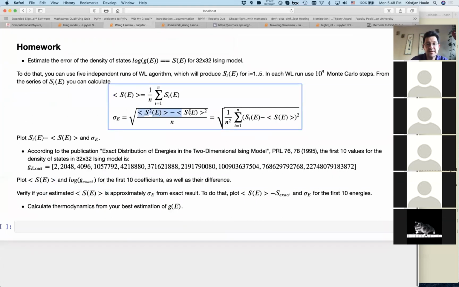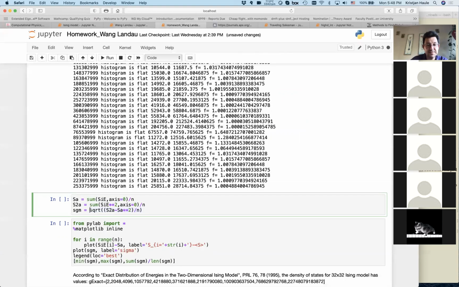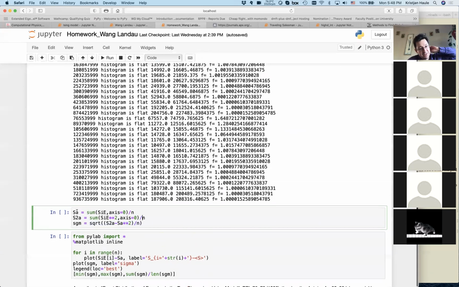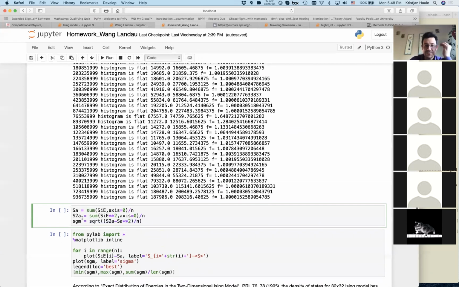So s square of e minus s average square of e divided by n. Okay, so this is the same as this square root. Okay, so yeah, so basically we have now as SGM, we have sigma, we have energies average SA and average S2A.